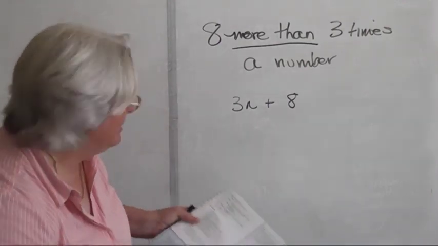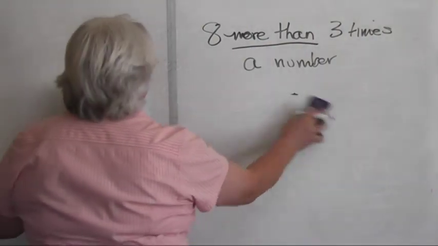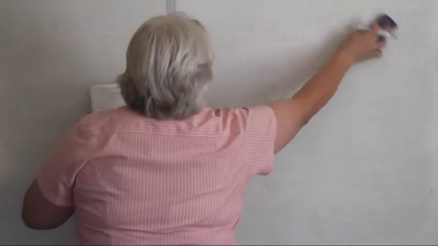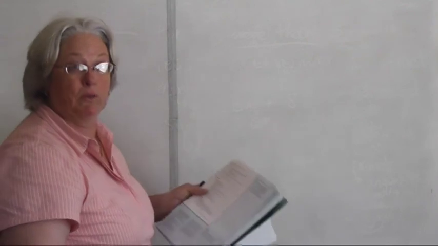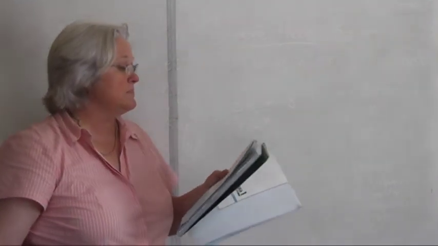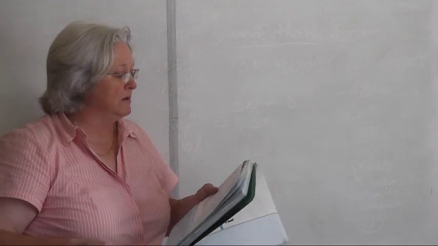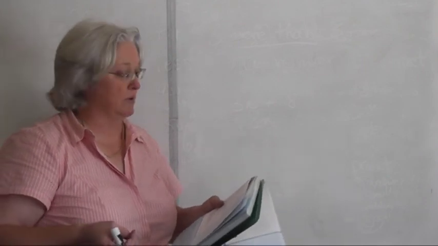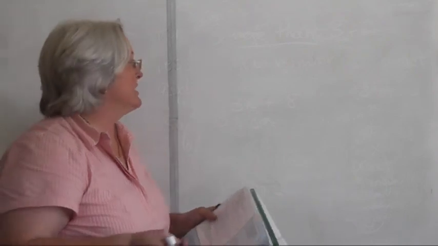Now we have, for example, number 7. This is a little bit longer, and I'm going to let you read this in your book along with me. It's page 91. The quotient of the difference of a number and 8 and twice the number. Let n represent the number.